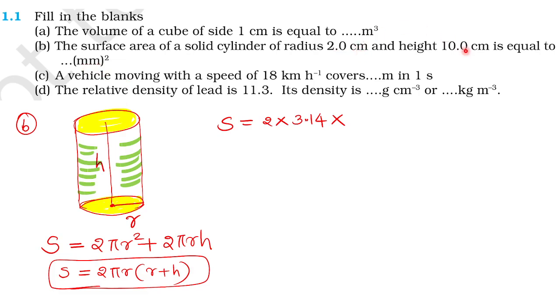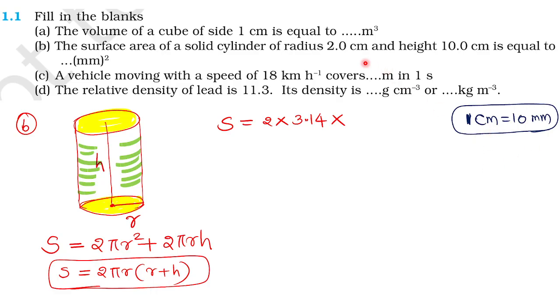So let me directly convert each centimeter to millimeter. You studied in the lower classes that 1 centimeter is actually 10 millimeter. 10 millimeter forms 1 centimeter. So 1 centimeter is how much? 10 millimeter.